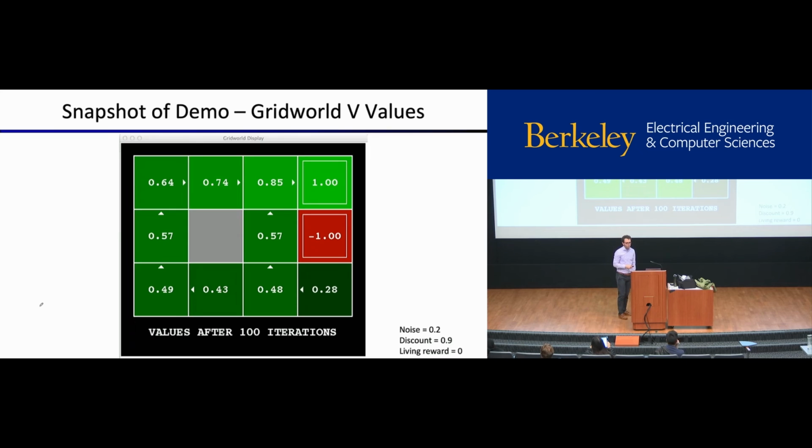And this has to do with 2 things, right? So the discount factor is 0.9, and we're saying this is 0.85. So why are those 2 things different? Well, remember what the value is, right? So the value of this state, this 0.85 state, says I'm going to take the optimal action from this state, and then I'm going to act optimally thereafter. The thereafter part means I'm gamma discounting that stuff, so I could get at most 0.9, even though I'm going to see this 1 reward, I'm going to get 0.9 for it.